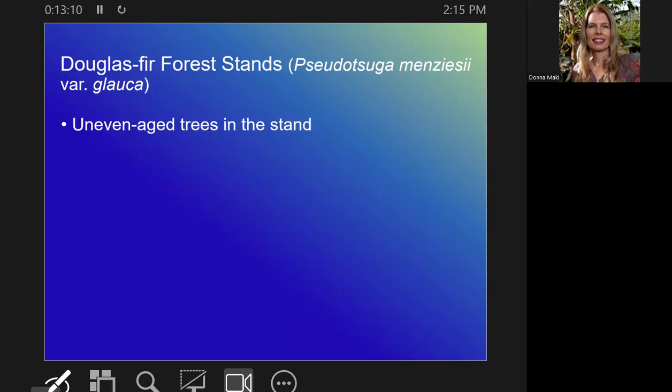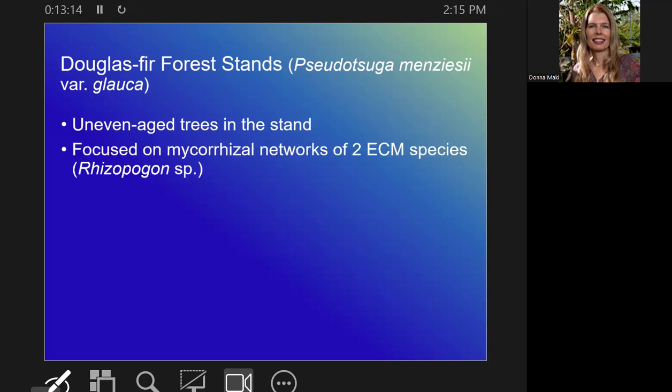In this study, there are many ectomycorrhizal fungi that can hang out in the different forest systems. They had the ability to focus on two ectomycorrhizal fungi. So there were many more there, and they acknowledged that, but financially, you can't cover them all. So they picked Rhizopogon, which is incredibly dominant in Douglas fir systems.